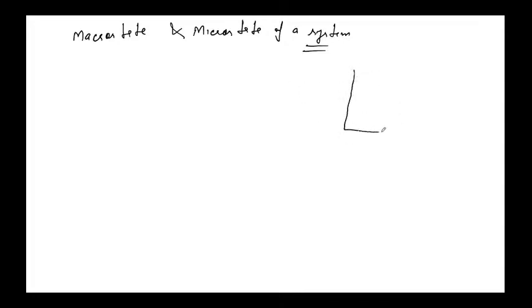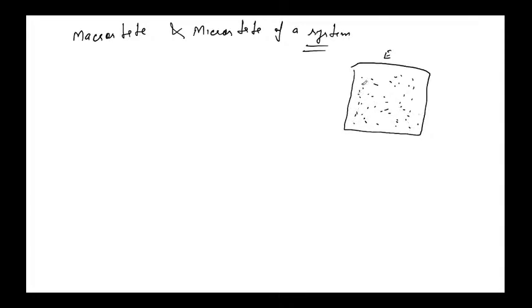Macrostates and microstates of a system. Whenever we talk about a system, we say that the system is composed of a certain number of particles, confined to a particular volume, and the total energy of these particles is given by E. Let us say this system has a large number of particles.